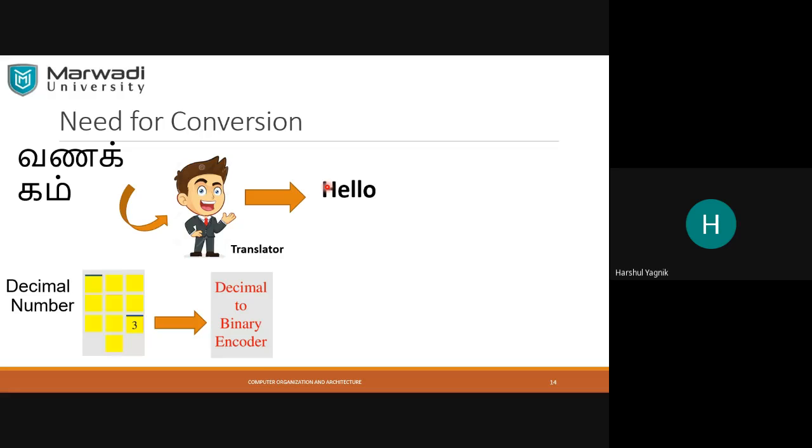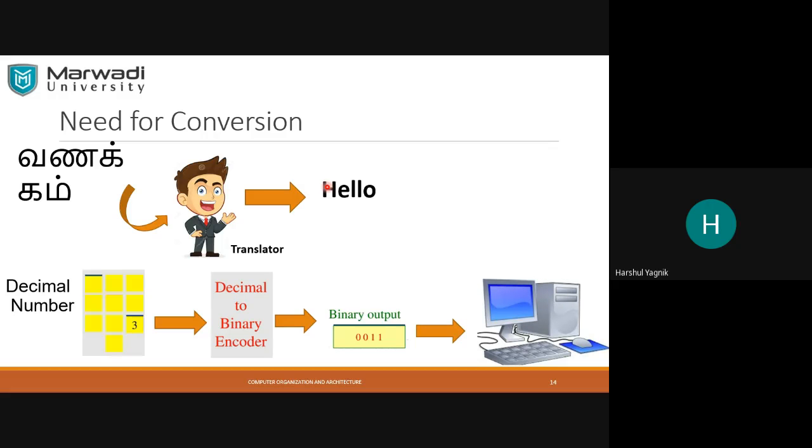So we need a decimal to binary converter, a decimal to binary encoder, to convert the number into binary. And these binary numbers are used by the computers. Computers understand only binary data, zeros and ones. Computers do not understand the decimal number system, radix 7 system, or radix 5 system.